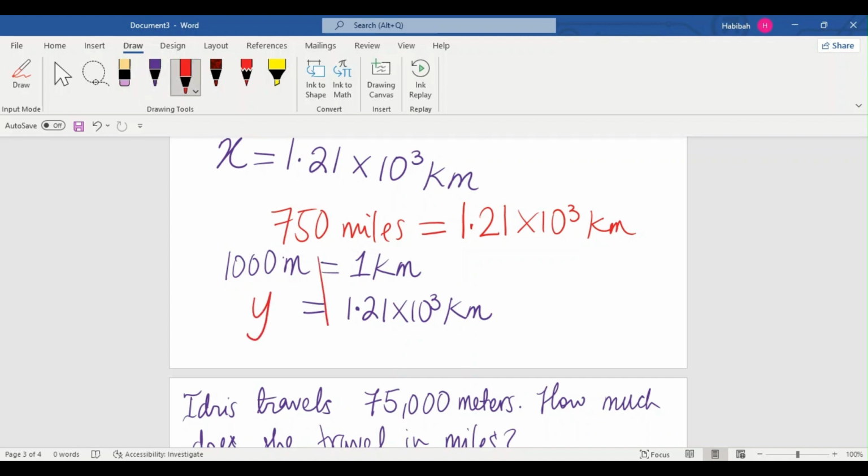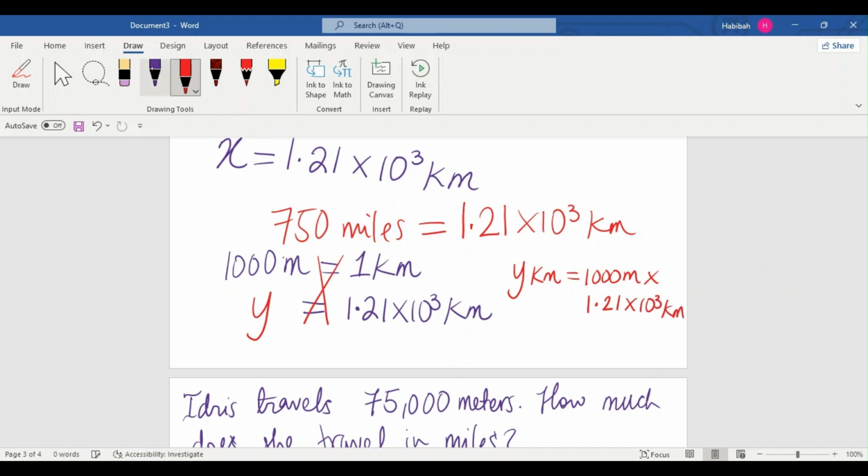We can simply cross multiply and we have y kilometer equals 1000 meter times 1.21 times 10 to the power of 3 kilometer.